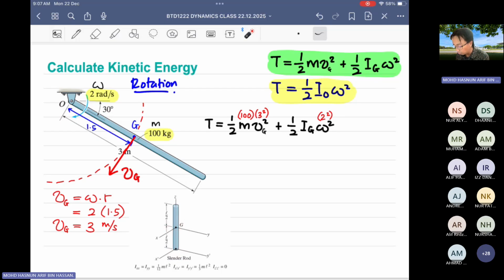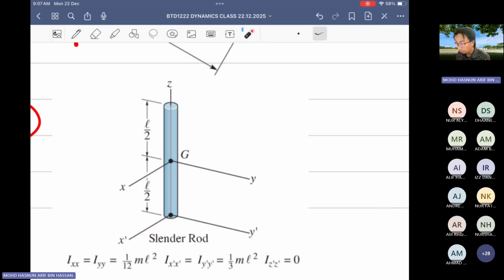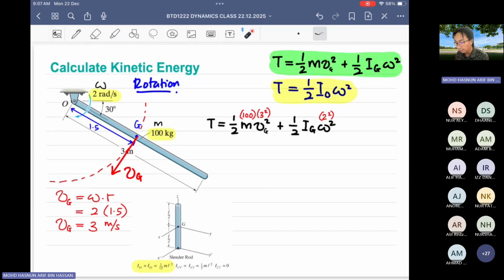So basically what we want, if I can zoom here, is this one, IXX or IYY, which is 1 over 12 ml square. Why do we not take IX prime X prime? Because this is not point G. We are now calculating Ig, and Ig is in the middle here. At the back is not Ig, but it is IO.